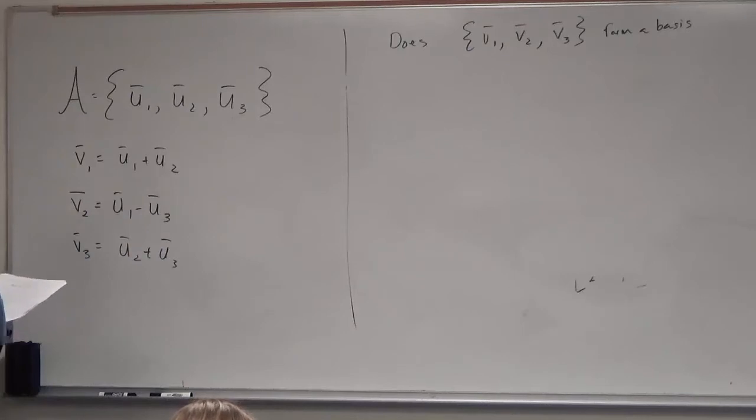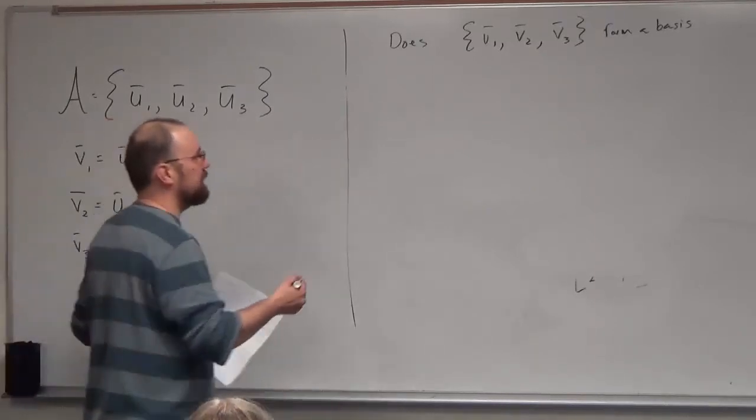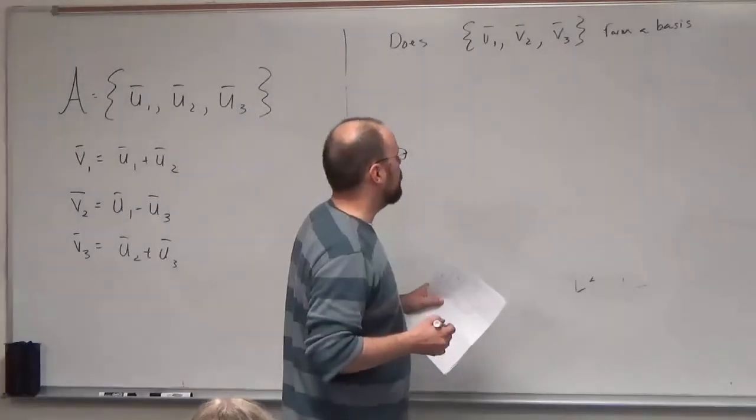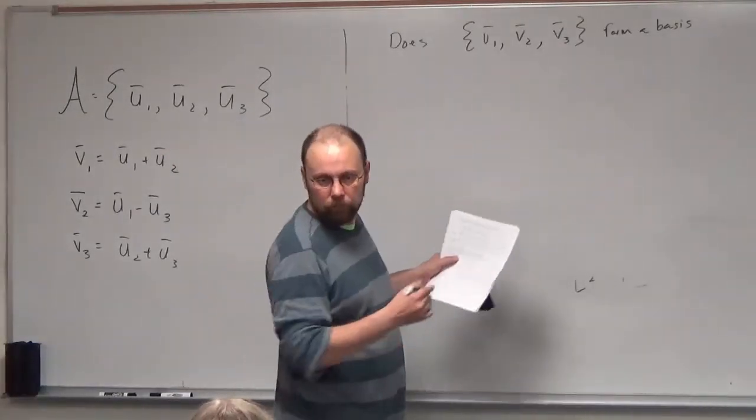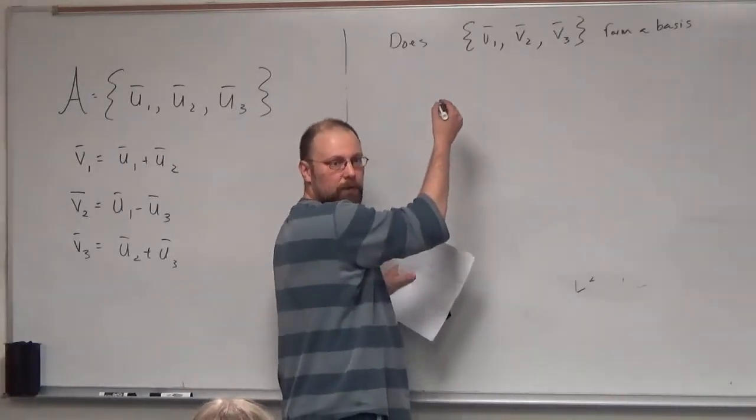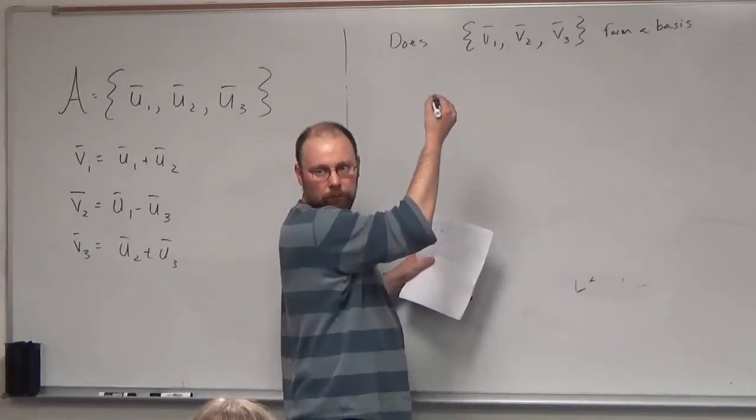Well, first, to show that something's a basis, you want to show that it spans the space, right? And that it's a set of linearly independent vectors. So let's start with that. Like this is a set of linearly independent vectors. How do you check for linear independence? What's the equation you write down first?